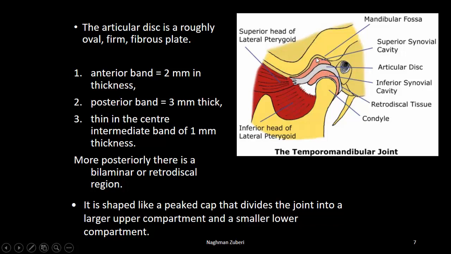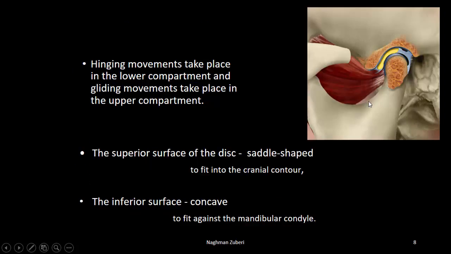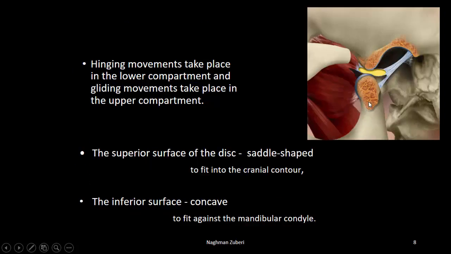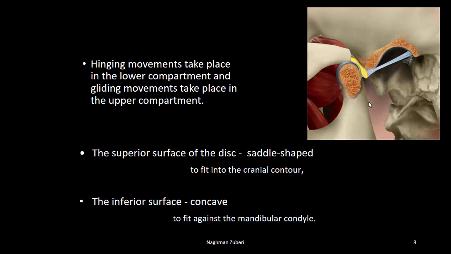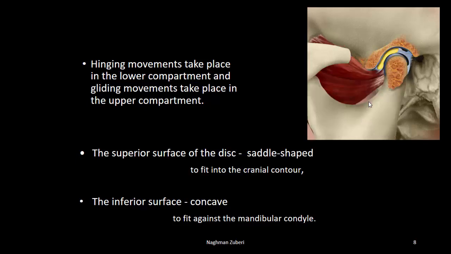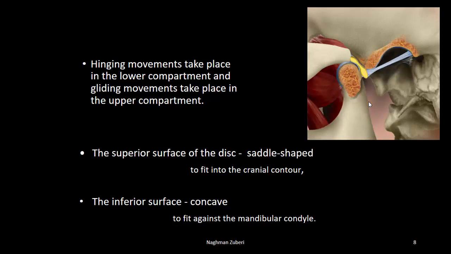These two cavities are filled with the synovial fluid. Hinging movements take place in the lower compartment, meaning opening and closure. And the gliding movement, as we can see in this picture, takes place in the upper compartment.